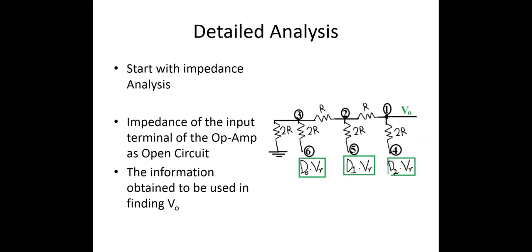So we are going to combine these characteristics of the impedances seen from various nodes of this circuit with the superposition principle to obtain V naught. So let's proceed further.